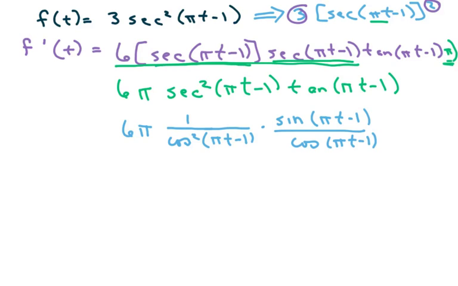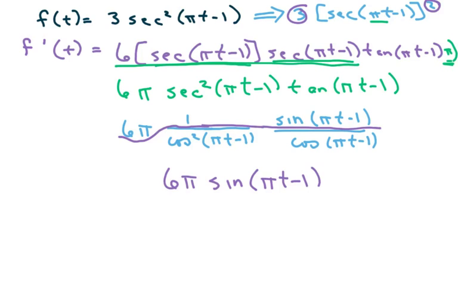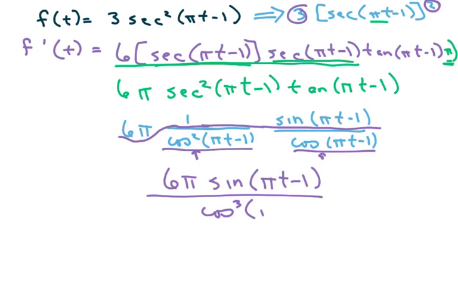And then when you fix all this up, we're just going to multiply this together. So that's going to be 6 pi times all of this. Sine of pi t minus 1. And then we have 2 here and we have 1 here, so we have a total of 3. So it'd be cosine cubed of pi times t minus 1.